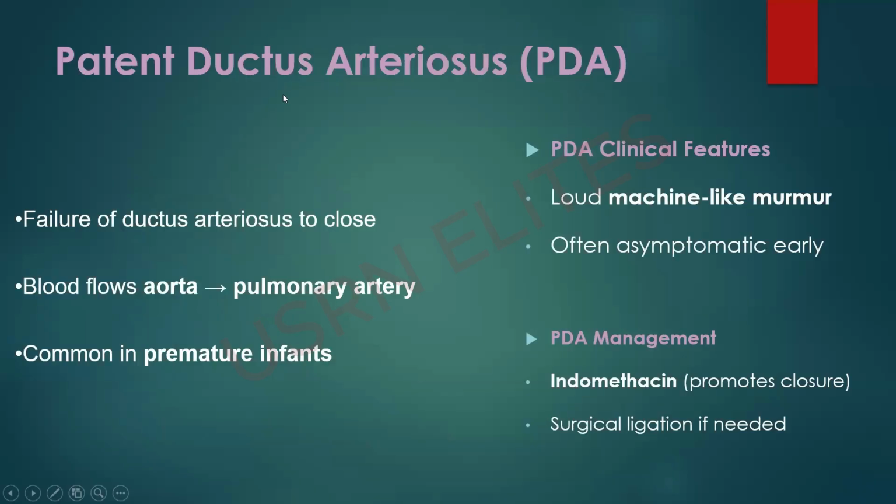Okay. Let's look at this one too quickly. We've thought about patent ductus arteriosus for some time, right? When a child is in the mother's womb, the baby has a patent ductus arteriosus, which is very normal.